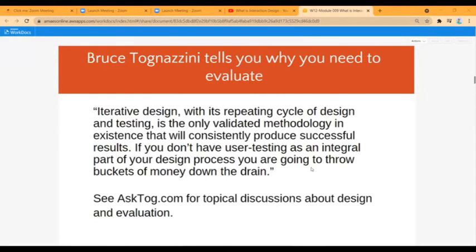So if you don't have user testing as an integral part of your design process, you are going to throw buckets of money down the drain. So it's always useful, okay, as part of the modification or creating of an application or software, the testing phase, the user testing phase.